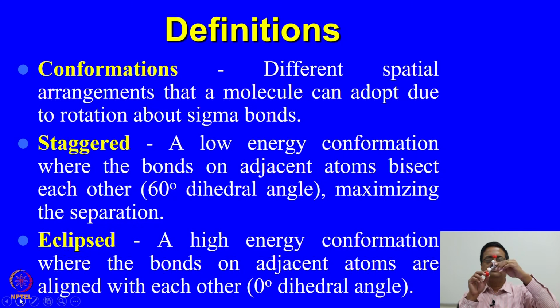And if we rotate the back carbon by another 60 degrees, we reach a conformation where two bromines are exactly opposite, and this conformation is the most stable conformation, where the steric hindrance and the torsional strain are the minimum. So, we call it the anti conformation. In the next part of this lecture, we will continue from here and discuss various conformations of ethane and substituted ethanes.